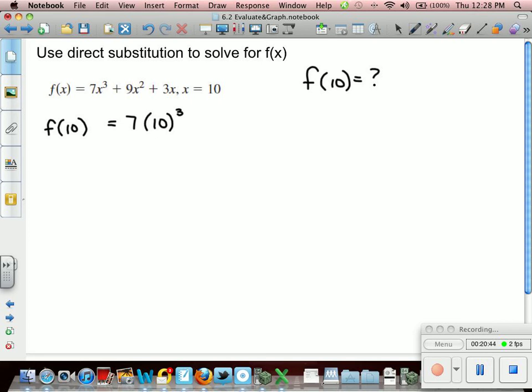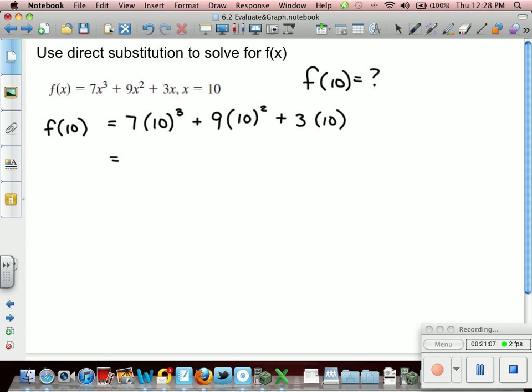Anytime I substitute it in, I put it inside parentheses. That way, I remember that if it's a negative or a fraction, the exponents go with everything inside the parentheses. And I add these.